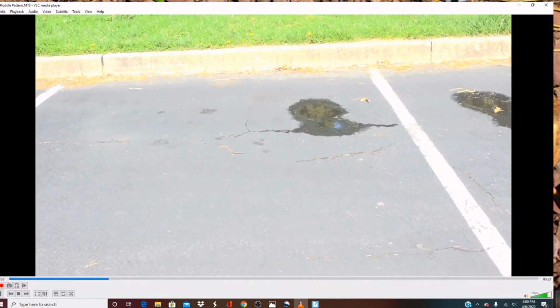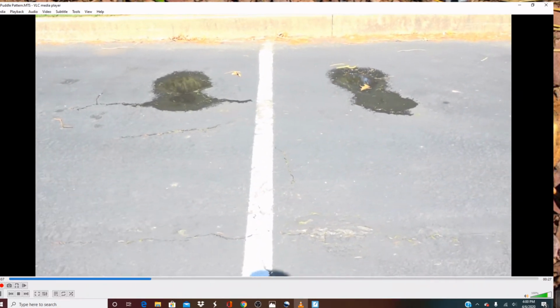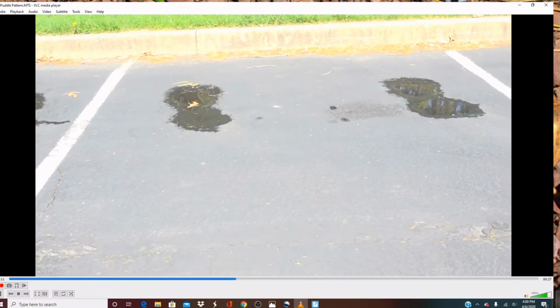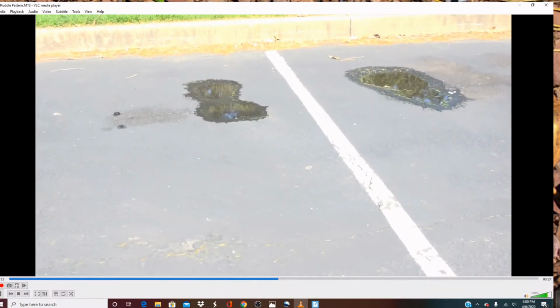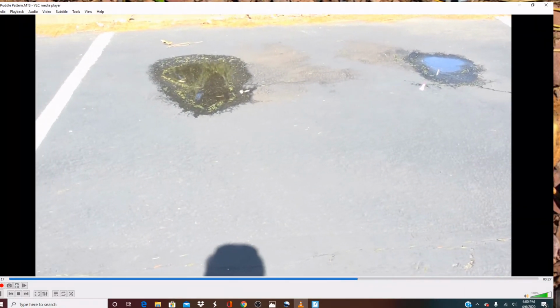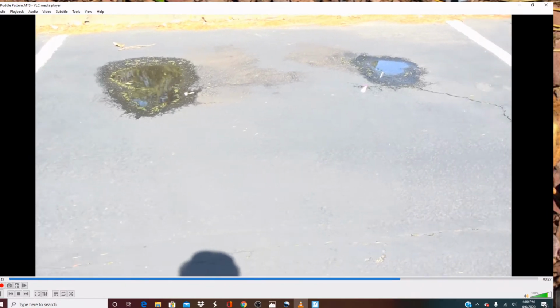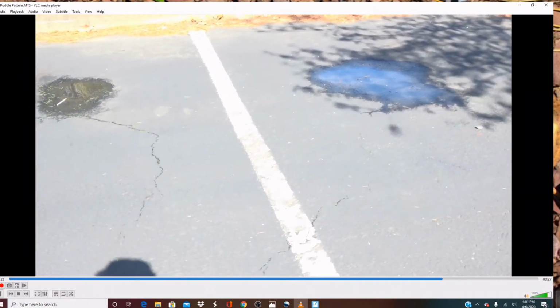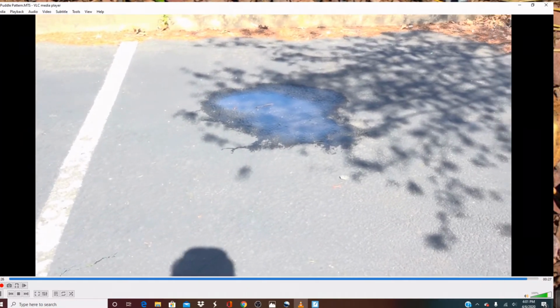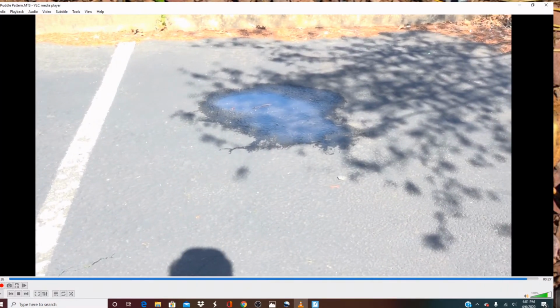Ooh, here we go. There's one puddle, two puddles, two puddles, one puddle. All right, I'm pausing it right now. What do you think would come next?